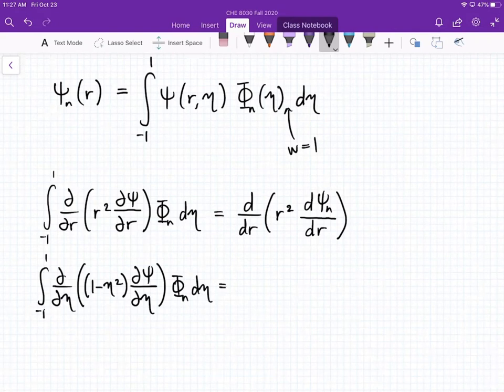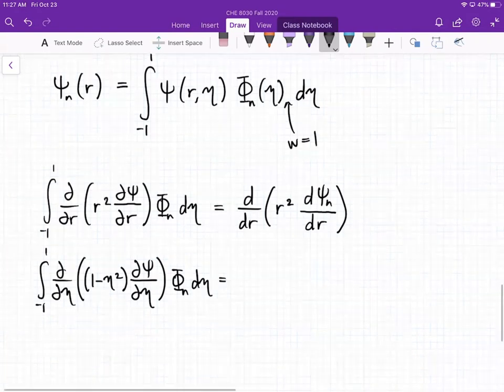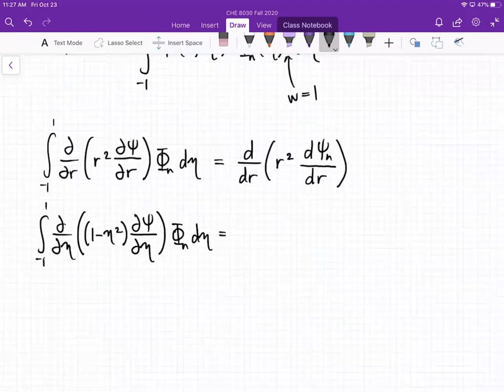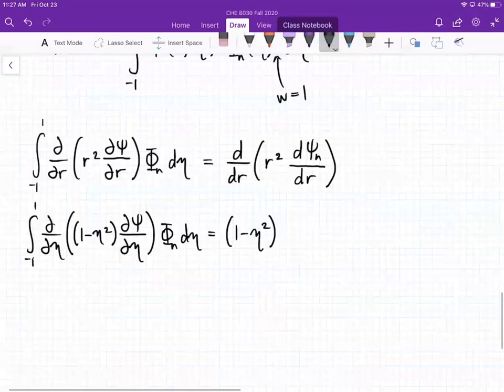Let's transform the second term on the left-hand side of the equation. This will look very similar to all the other terms when we've done a transform and had to do integration by parts. Instead of an r squared being out front like it was for our problems involving r and t, we are now going to have a 1 minus eta squared that pops out in the front. Everything inside the bracket looks the same as it has for all other problems.